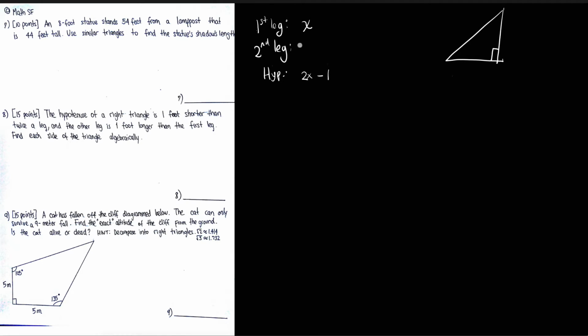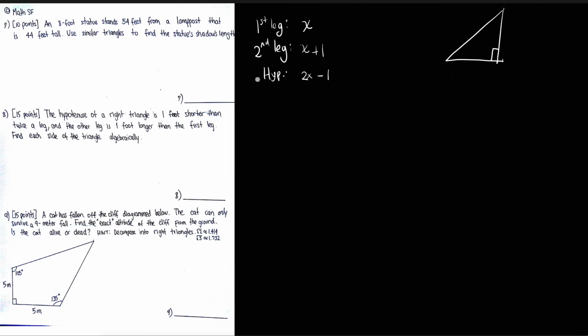So it would be x plus 1, right? 1 foot longer than the first leg. Okay, so whenever they say, for example, the hypotenuse of a right triangle is 1 foot shorter than twice a leg, we were assuming that leg was the first one.